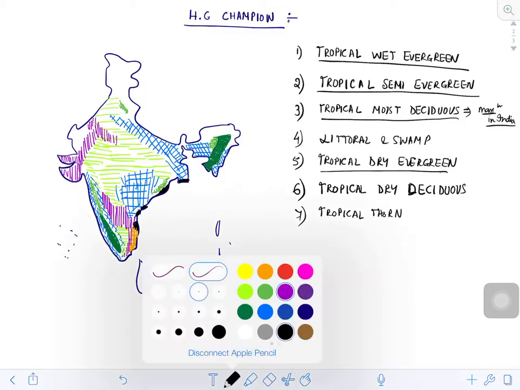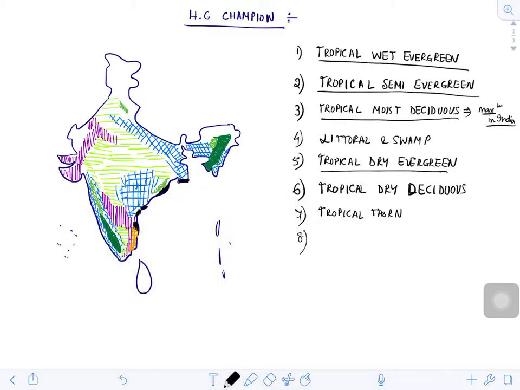Now after tropical thorny, we have subtropical broad-leaved hill. Leaved, L-E-A-V-E-D. Leaved means it is elevated. Broad-leaved hill.